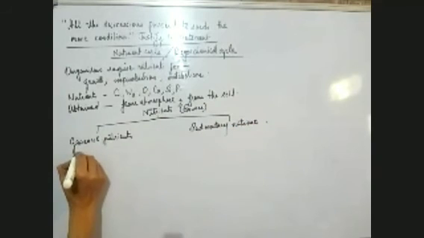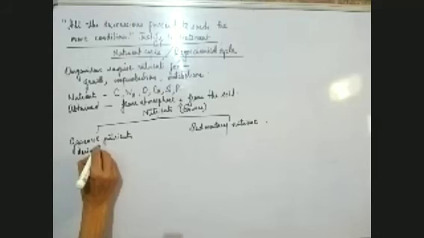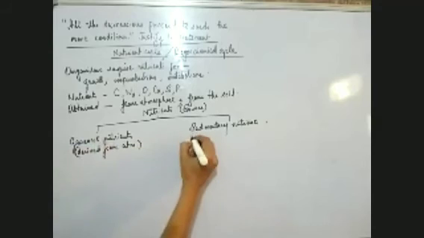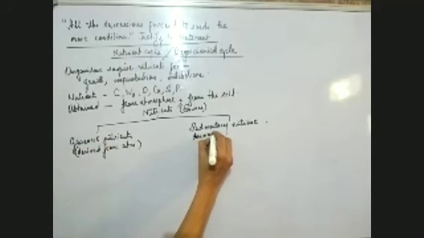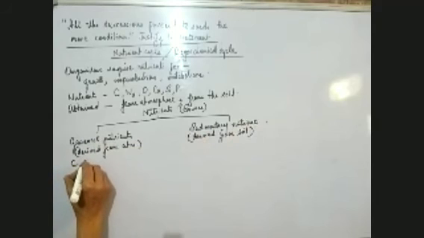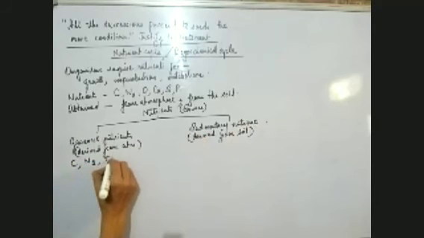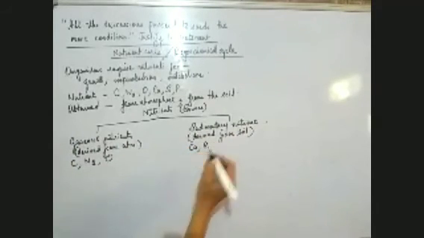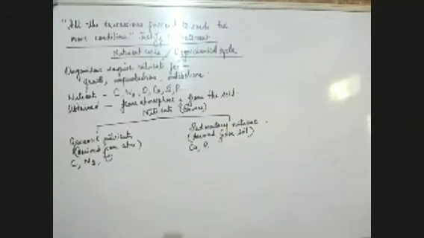If the nutrients are derived from the atmosphere, we call them gaseous. If derived from soil, we call them sedimentary. Examples of gaseous: carbon, nitrogen, oxygen. Examples of sedimentary: calcium, then we have phosphorus, etc.